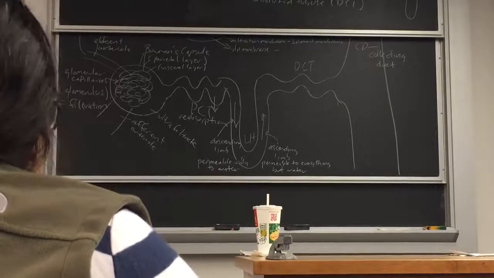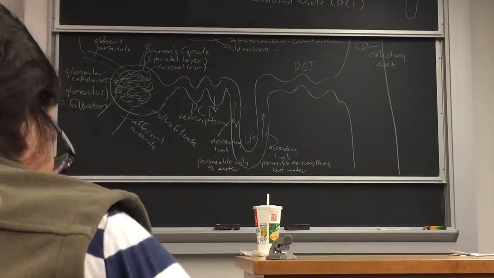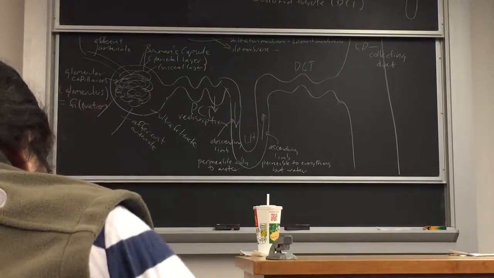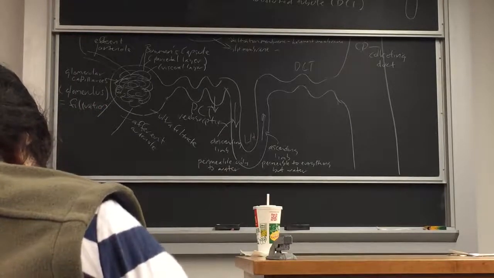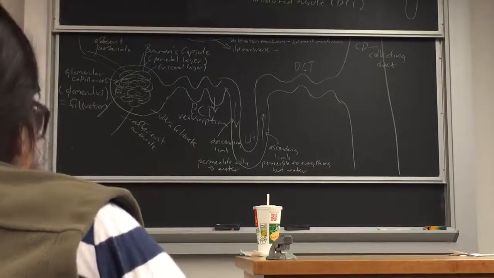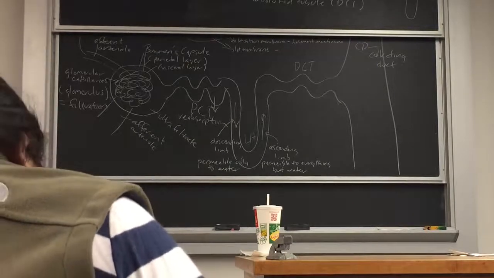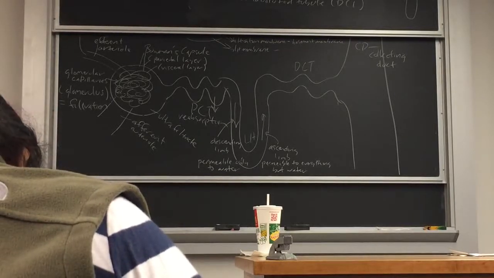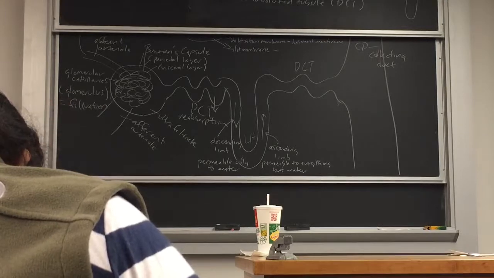In this case, water does not follow sodium directly because it can't move across the wall. And again, it allows us to independently control solute or water concentration without worrying about the other one in each part of these limbs.